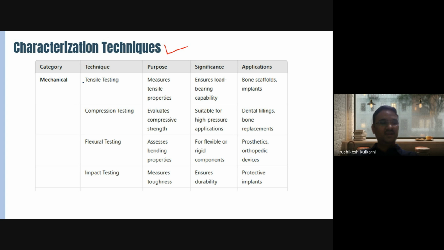Where should I do my characterization? If you really want to work in this area and you have some funding from your organization or government, you can go for characterization on a payment basis. But you have to have a slot in that organization. The first characterization is mechanical characterization, where we can go for tensile testing, compression testing, flexural testing, and impact testing.